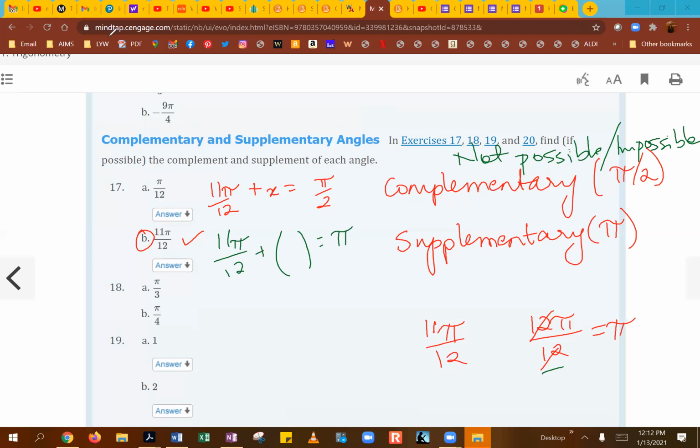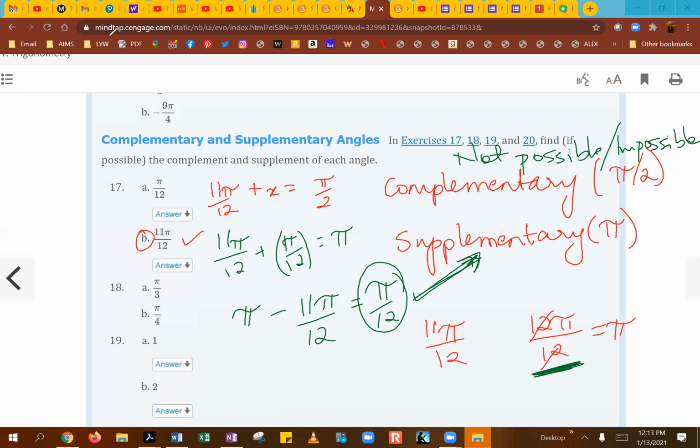And as I was showing you here, you are just shy of pi by pi over 12. So in this case, what you can do is take that pi and subtract 11 pi over 12 from it, and that would give you the answer of pi over 12. So that's going to be our supplementary angle for this example.